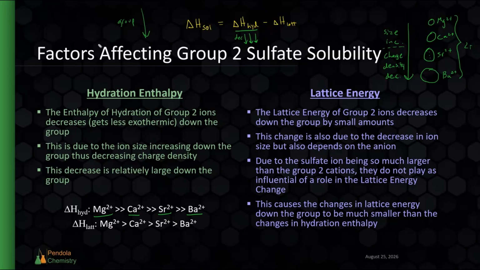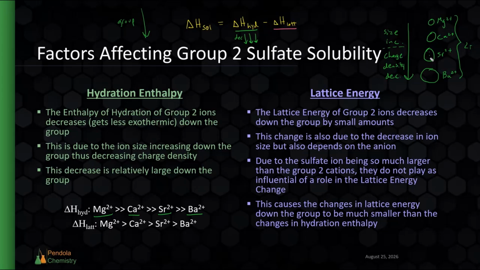On the other hand, if we go to the lattice energy, and I'll put this in pink, I don't have purple. So the lattice energy of group 2 ions decreases down the group as well. Why? Essentially, enthalpy change of hydration and lattice energies are affected by the same things: ion size and ion charge.